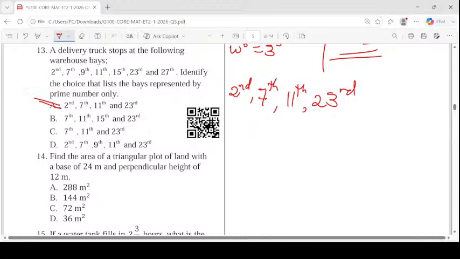Exactly, choice A for apple. Remember, the first prime number is normally 2. So when you look at choice D, it is not complete. This one here is missing the 2nd. So the correct answer here is A for apple for question number 13.